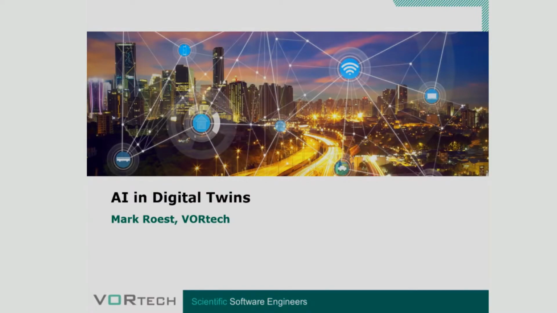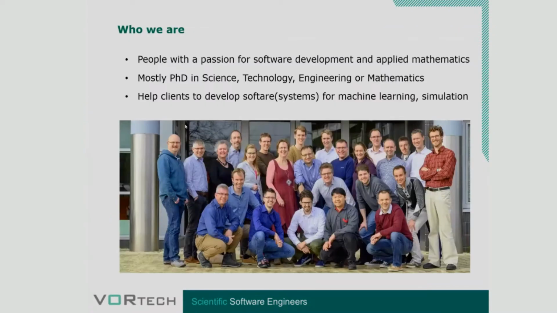Now, before I move to the actual content, just to give you a feeling about who we are. Fortech is a company of 25 colleagues, and we develop software for all kinds of computational applications. And that often has to do with prediction or analysis or simulation, optimization.